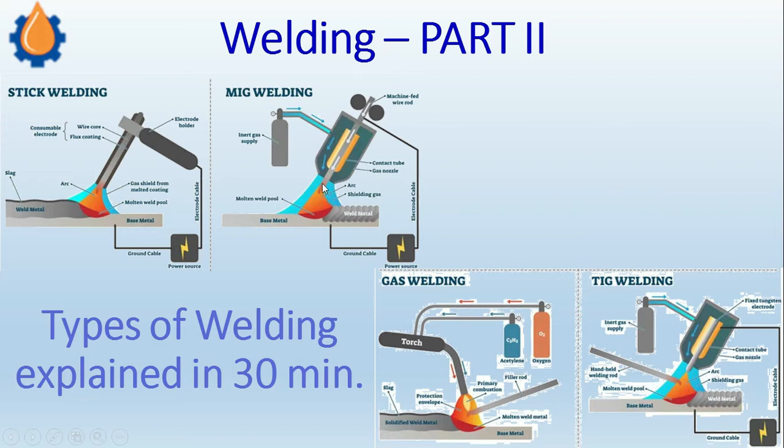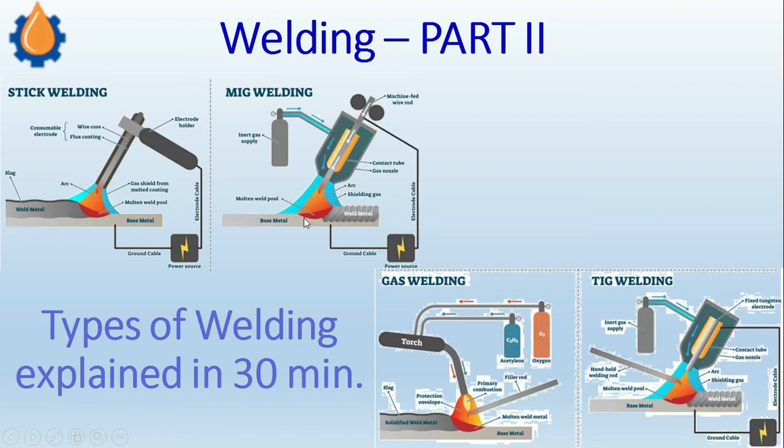Here you can see the blue color is nothing but a shield of carbon dioxide gas. Because carbon dioxide is heavier, it covers the molten metal and avoids oxidation of the molten metal. This is the purpose of using carbon dioxide, because it is heavier and doesn't oxidize the molten metal.